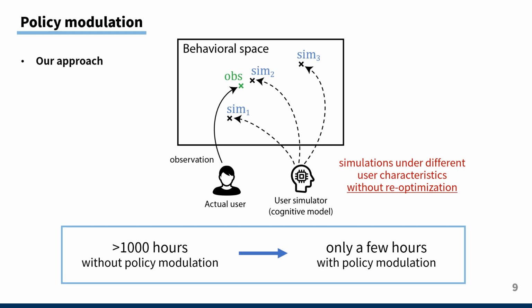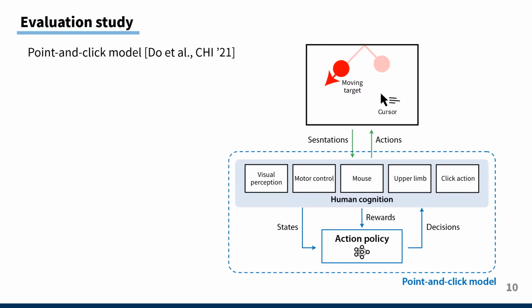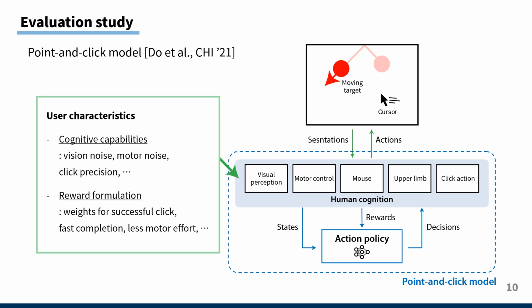We evaluated our inference process based on the latest point-and-click model, which can simulate the behavior of a user clicking a moving target on screen by manipulating a mouse cursor. In this model, simulated behavior can reflect the user's cognitive capabilities and reward formulation. We investigated whether it is possible to infer the two types of characteristics with our method.